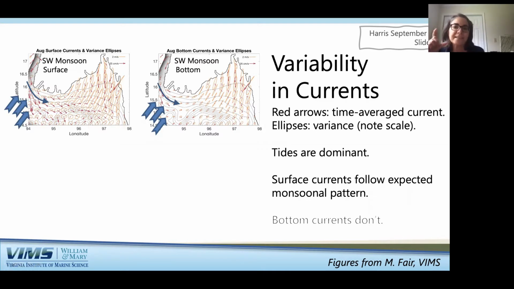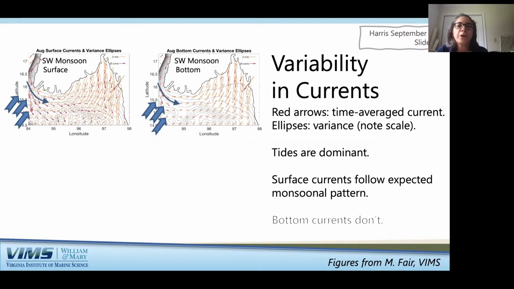But then the ellipses that are around that time average, that's the variability of the current. And Matt Fair made this figure, and he used this scale bar here for 25 centimeters per second for the average current. But for the variability, the scale bar of the same size is 2 meters per second. So the variability is way bigger than the mean, okay?